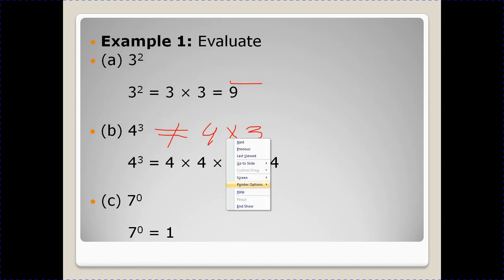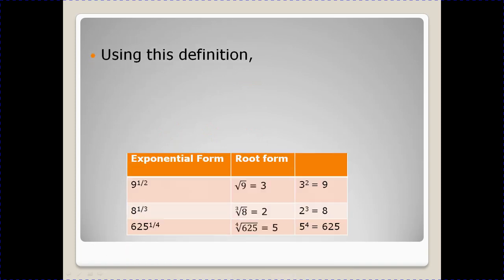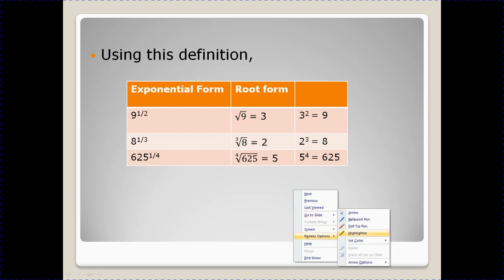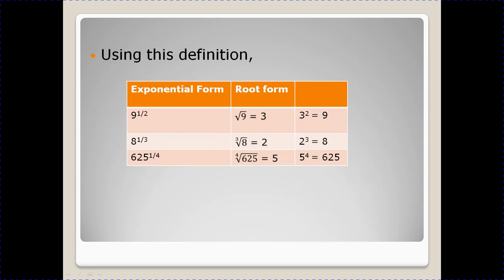Okay, let's go. Now, let's have this definition. What if I have 9 to the power half? We know that 9 to the power half is the square root of 9. Actually, there is a hidden number here, it is 2.